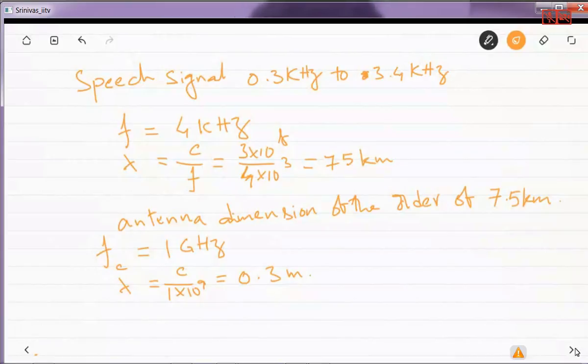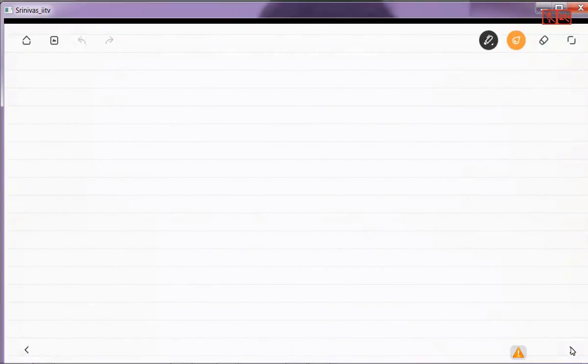Let us just give you something interesting, like 5G wireless. Right now, if you are using mobile phones, we are using fourth generation mobile technology, 4G, and soon in another 5 to 10 years you will be using 5G, fifth generation mobile technology.